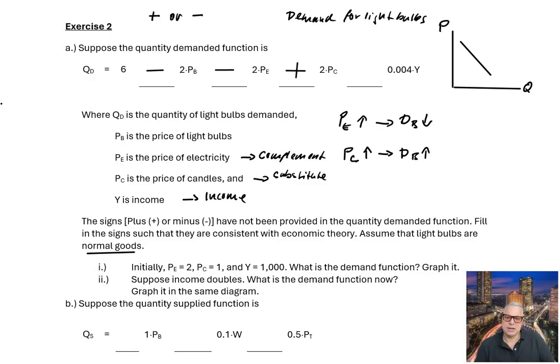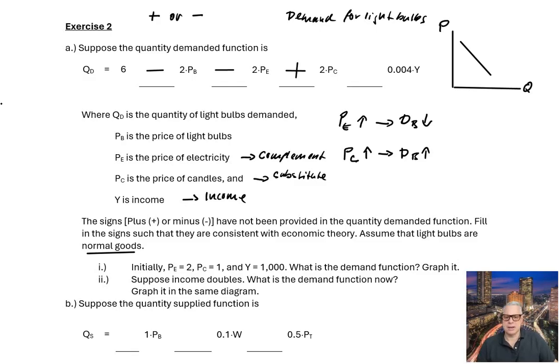And the last indicator is income. We know if income increases and it is a normal good, not an inferior good, then we demand more of it. So let's say if you have a higher income, maybe you have a bigger house, and then you will have a nicer or more abundant Christmas decoration with more light bulbs.